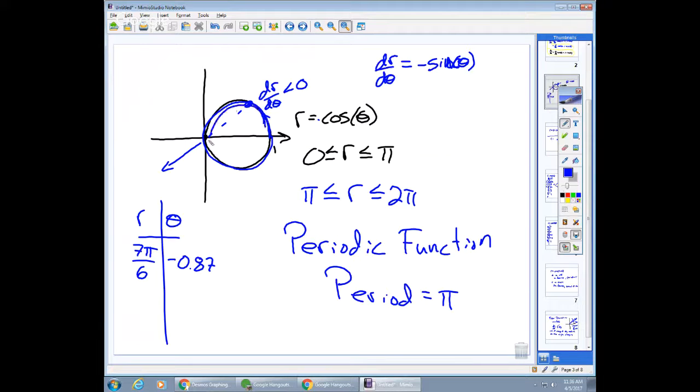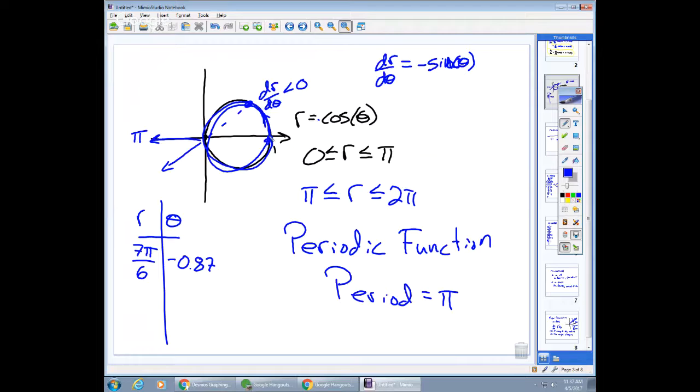So the whole time, my radius was decreasing as I made that circle. When I finished right there, I had an angle of pi, but the radius was -1. So our radius started at 1 and finished at -1. Would you agree that r dropped the whole time?